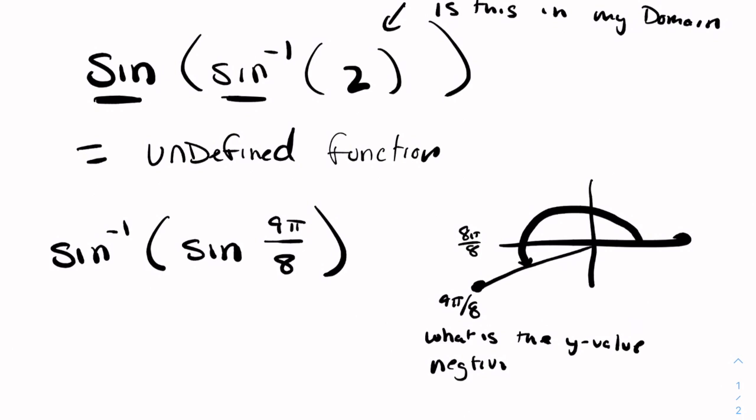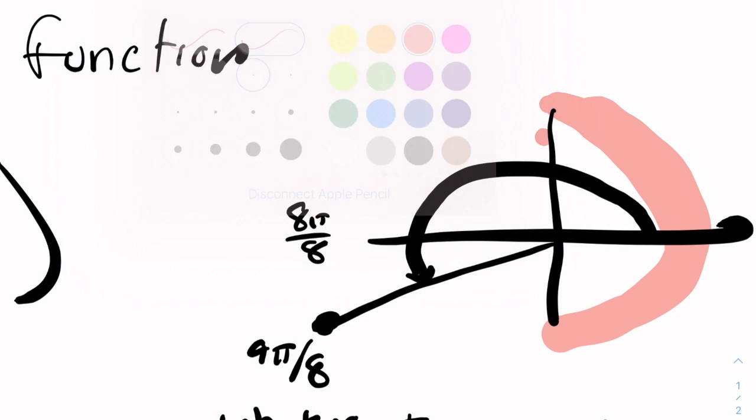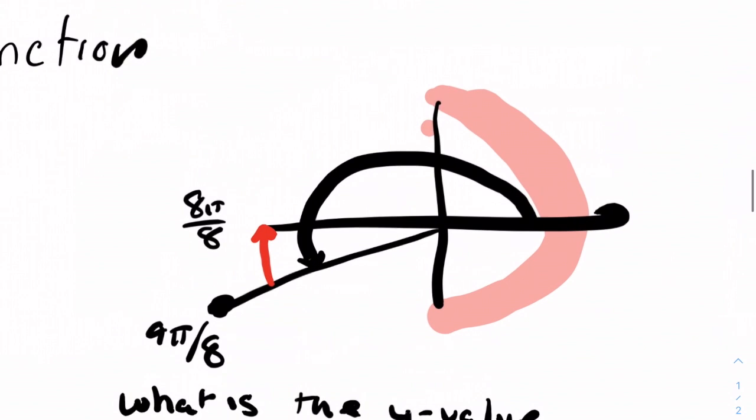So we have to think, where from negative pi over 2 to positive pi over 2 would we get the equivalent y value? And the trick that I have seen is, if we have to go backwards, how much do we have to go backwards in order to get back to pi over 8? Because that would be how much we would have to move down.